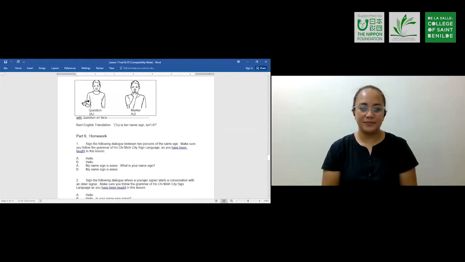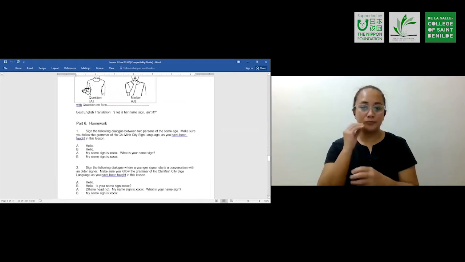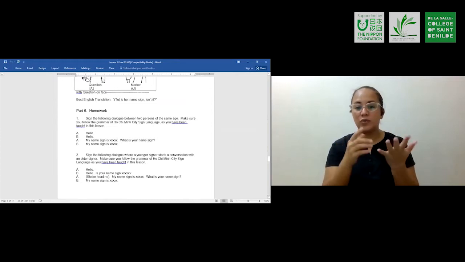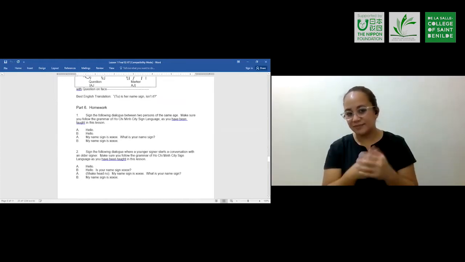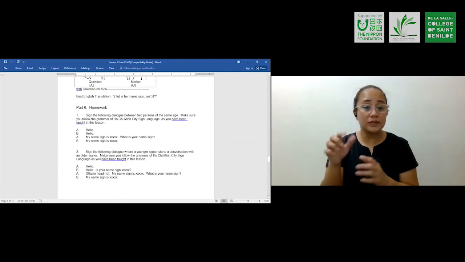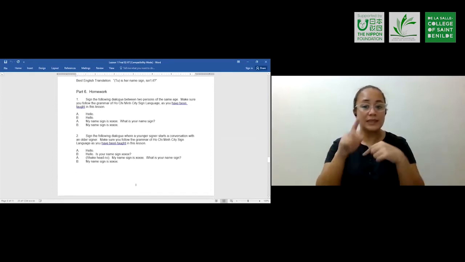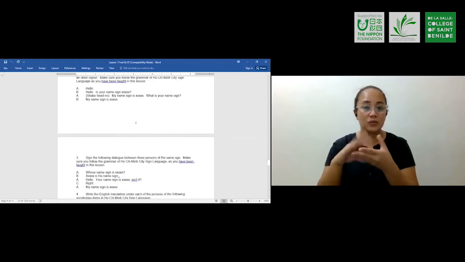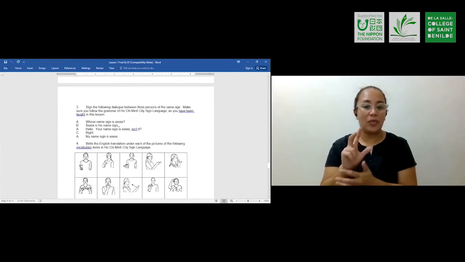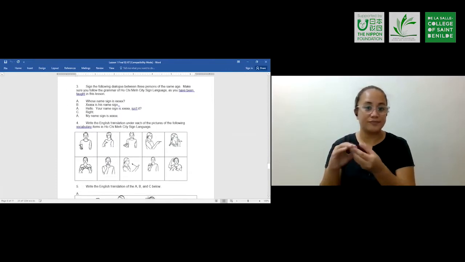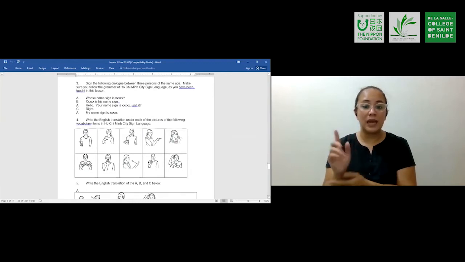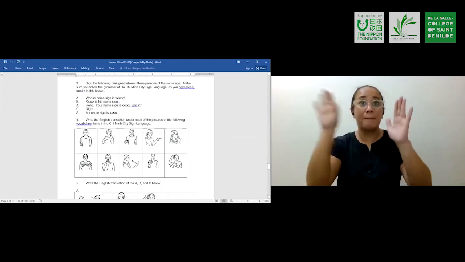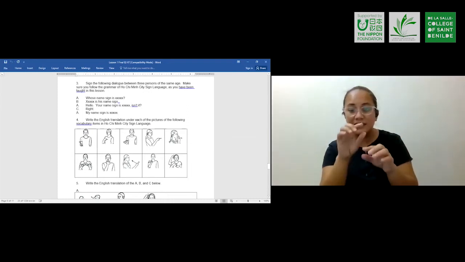And then there's homework. So the homework gives you certain tasks to do. And so the first task is to sign the story. The second task is to sign the story. Third, same story. The fourth one, you're asked to write the English translation of the sign under each picture. Now, you don't know what those signs are unless you go back.